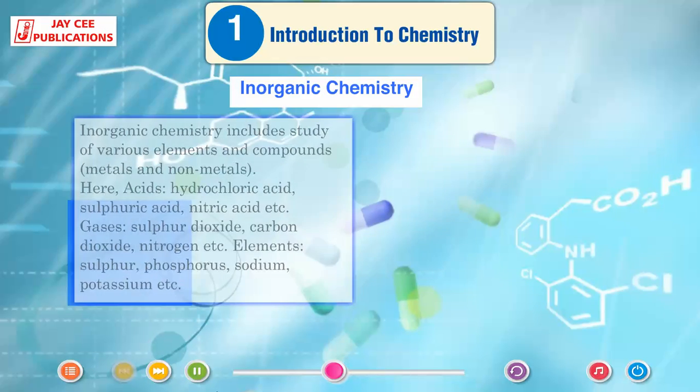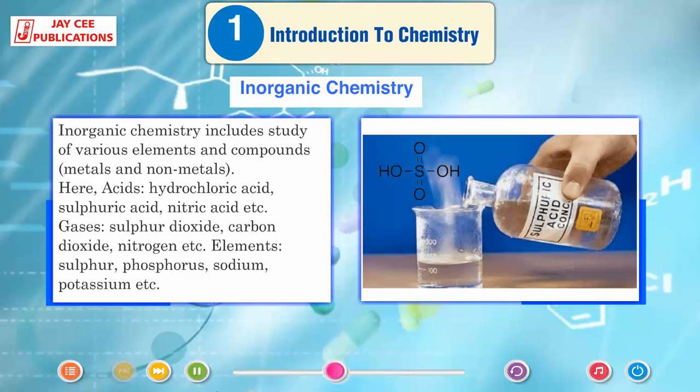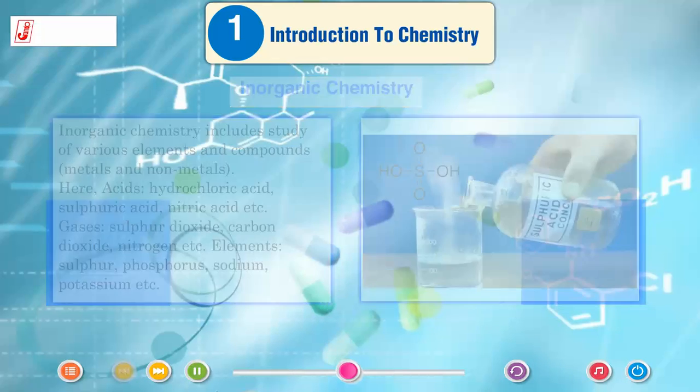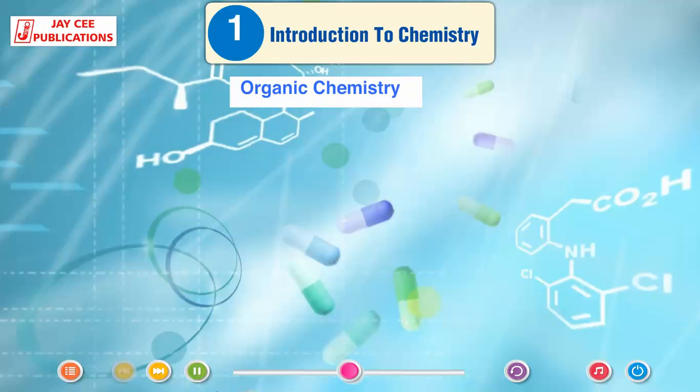Inorganic chemistry. Inorganic chemistry includes the study of various elements and compounds, that is, metals and non-metals. Here, acids: hydrochloric acid, sulfuric acid, nitric acid, etc. Gases: sulfur dioxide, carbon dioxide, nitrogen, etc. Elements: sulfur, phosphorus, sodium, potassium, etc. Organic chemistry.